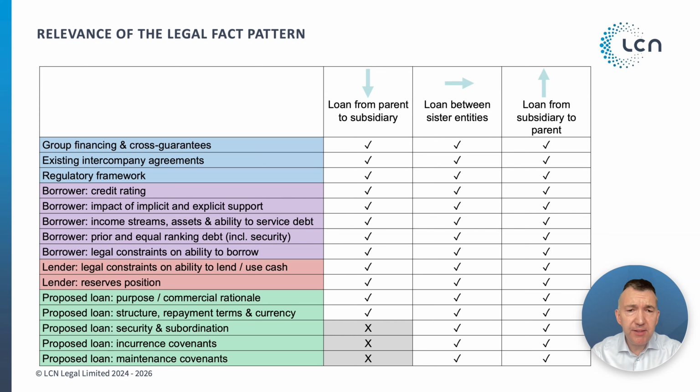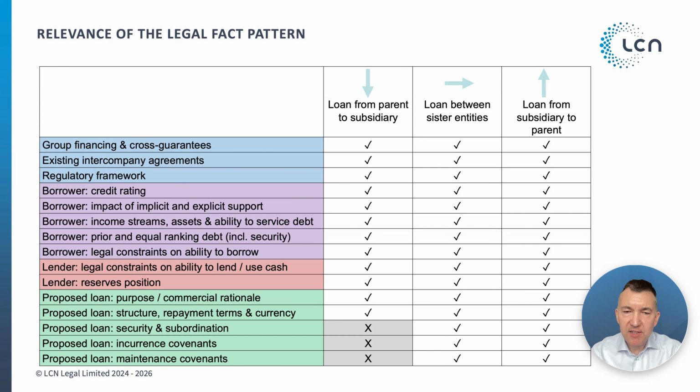And just to explain the last two items on this list, what do we mean by incurrence covenants and maintenance covenants? This is the OECD terminology. Effectively, an incurrence covenant is a promise by the borrower not to do certain things, such as granting prior ranking security or making loans, for example.